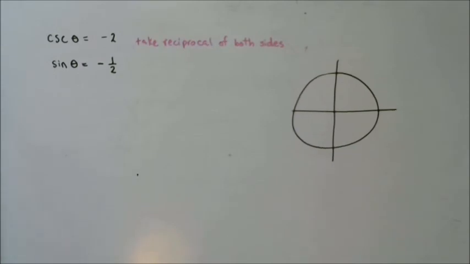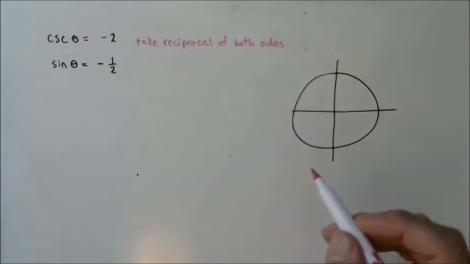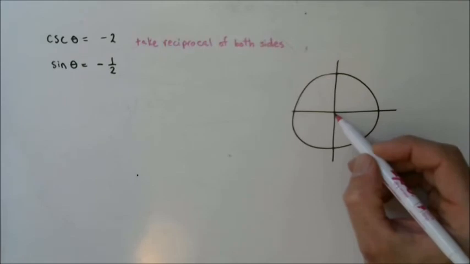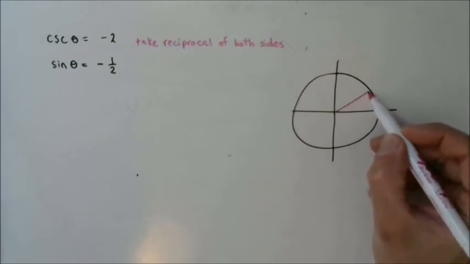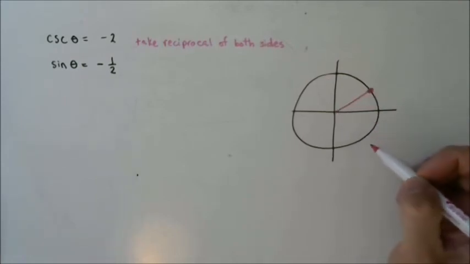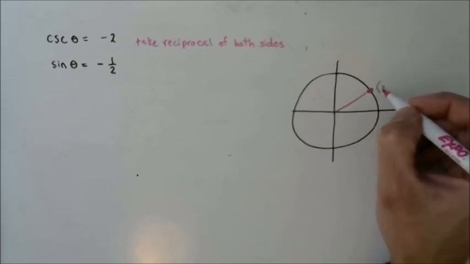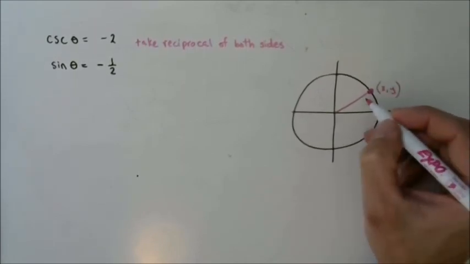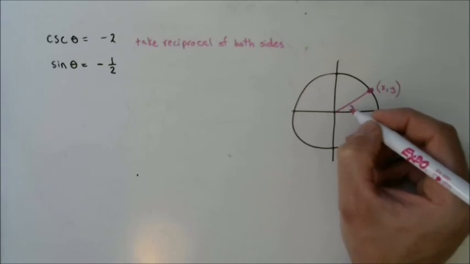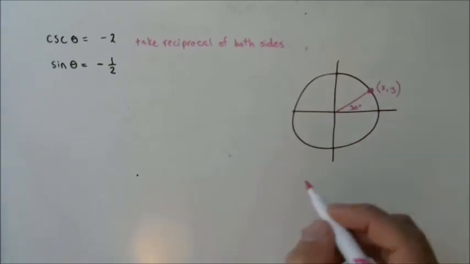And I'm going to do just that. I'm going to use my reference angle here. I have it memorized that the sine of 30 degrees is 1/2. Okay, so right here, xy, y is 1/2 at an angle of 30 degrees.